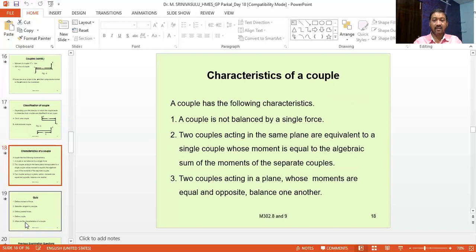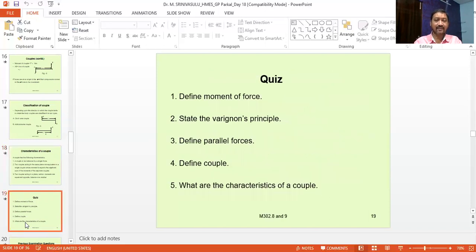And whenever two couples are acting in the plane and their moments are equal and opposite, then the effect of one couple will be balanced by the other couple. So these are the things that we have studied about the couple, and these are the expected questions from the examination point of view.